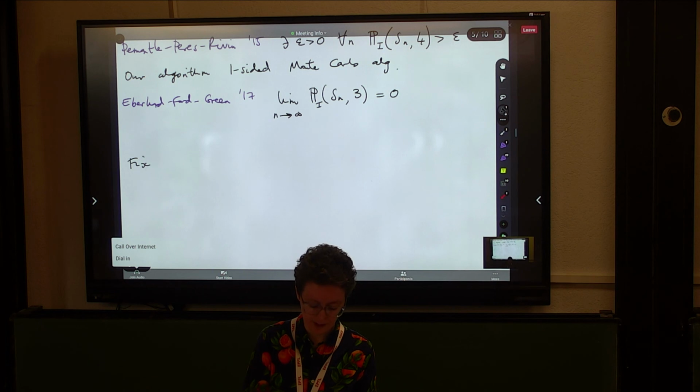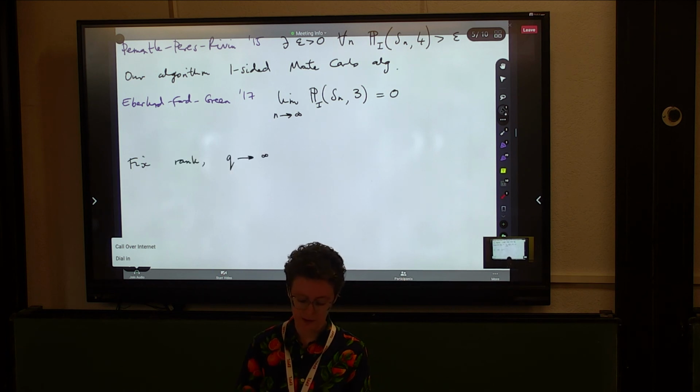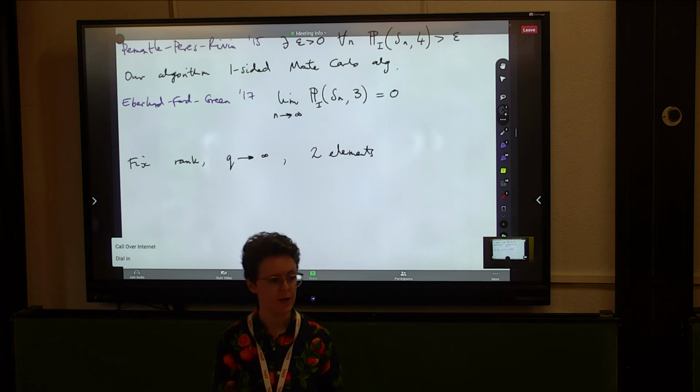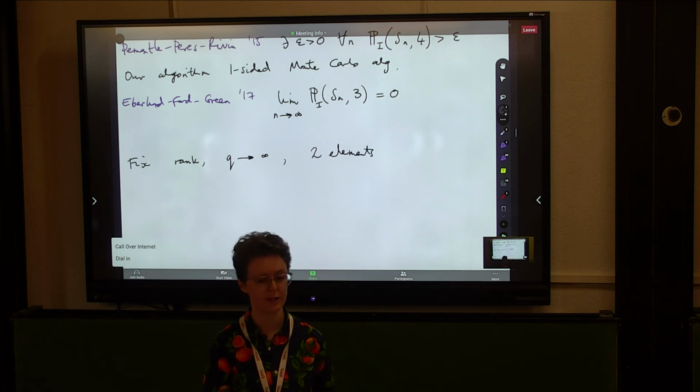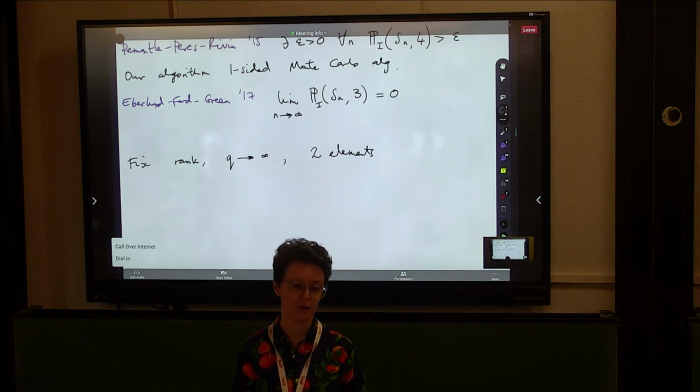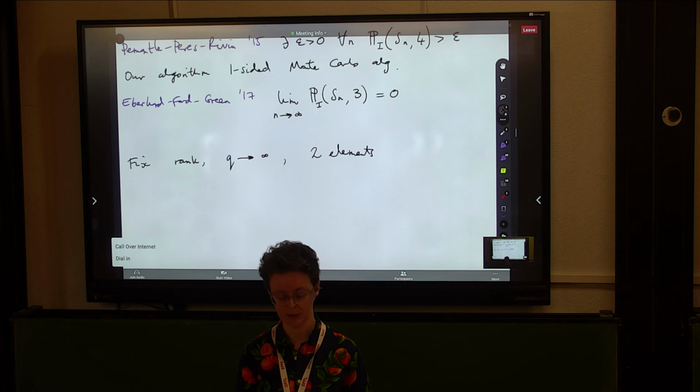If you're going to fix the rank and let Q go into infinity, then you can invariably generate with 2 elements with probability bounded away from 0. And the way that you prove this is just by using the same idea as before with the maximal subgroups, except now you're not looking at maximal subgroups, you're looking at unions of conjugates of maximal subgroups.